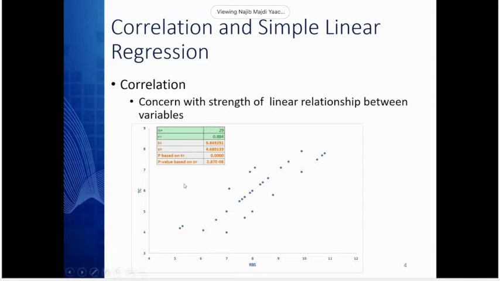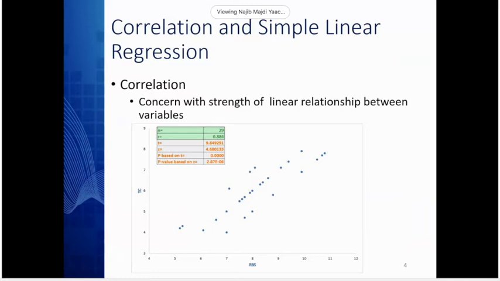So this result can be interpreted as a strong positive relationship between RBS and cholesterol, strong based on 0.884, positive based on the positive value, and the correlation is statistically significant at P less than 0.001. That is how we interpret correlation analysis.